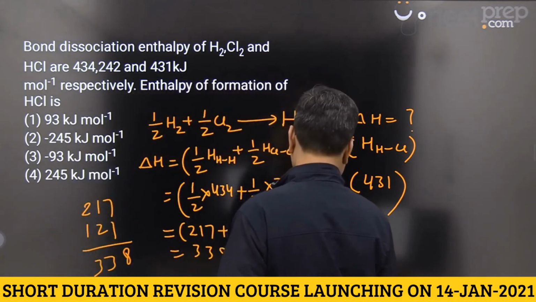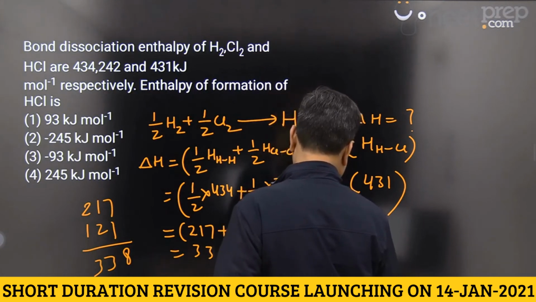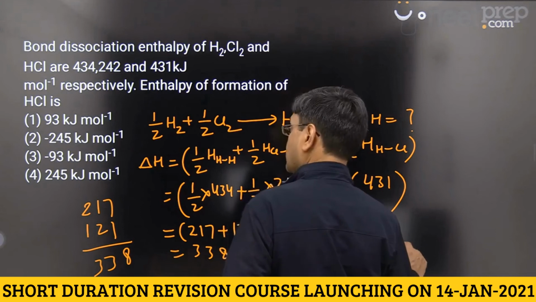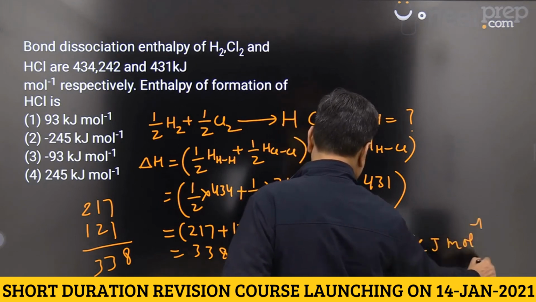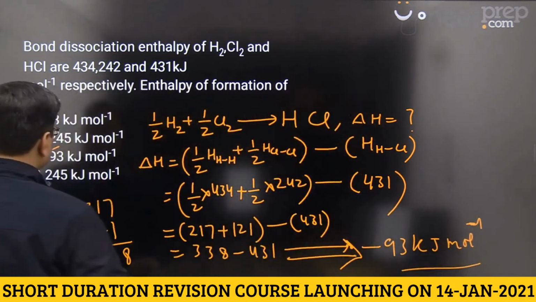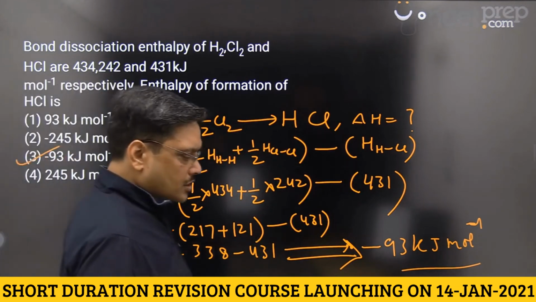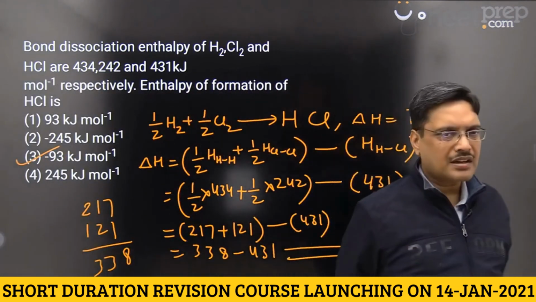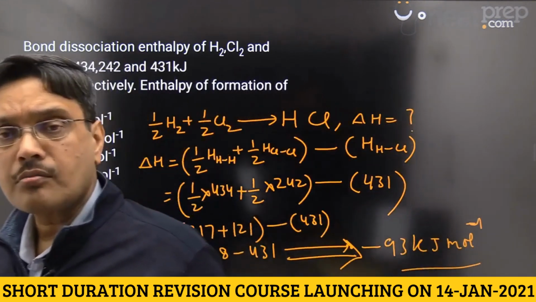So we get minus 93 kilojoule per mole. Minus 93 kilojoule per mole. So this question is based on the bond energy concept. The previous question was based on delta H is equal to Hp minus Hr, heat of neutralization, and Hess's law.